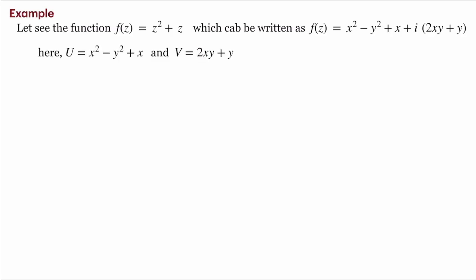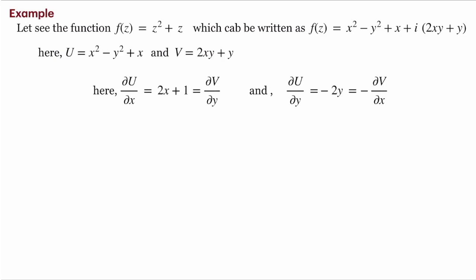Here we have u equal to x squared minus y squared plus x and v equal to 2xy plus y. Again, let's take the partial derivative of u with respect to x. We find that it is 2x plus 1, which is the same as the partial derivative of v with respect to y.